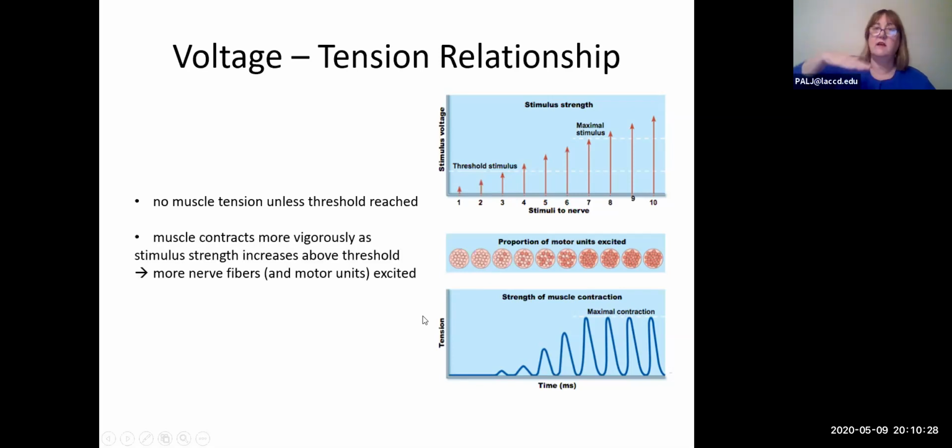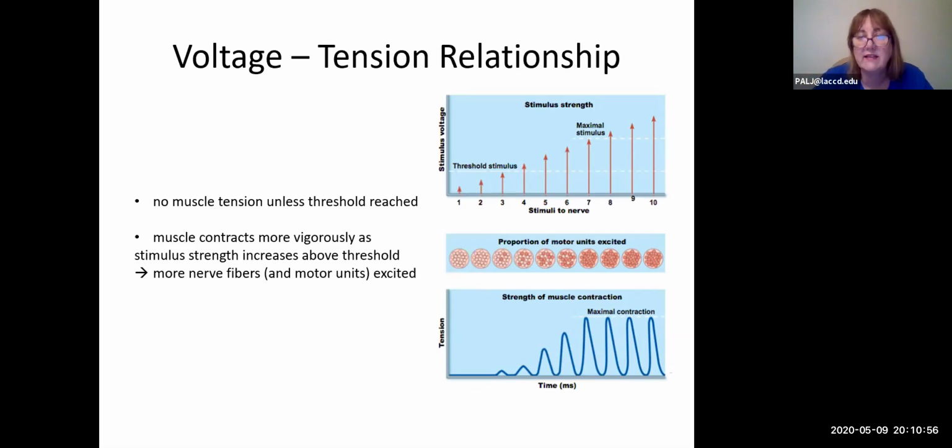And so as the stimulus goes up, the contraction goes up until we reach a level that's known as the maximal stimulus. Once you have reached the maximal stimulus, you will see 100% of the motor units are excited, which means we have now reached the maximum contraction that can occur.